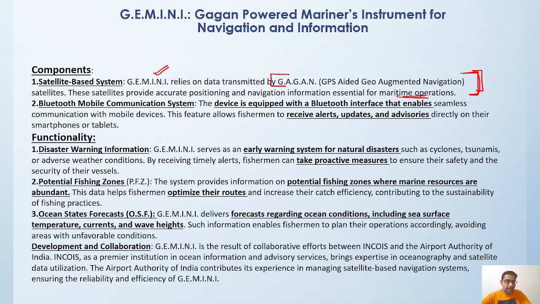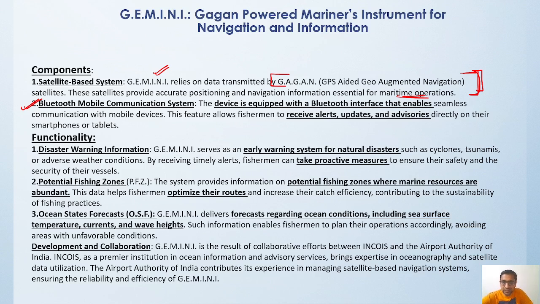Okay, then it will be connected with a Bluetooth mobile connection. Any device which is equipped with Bluetooth will be providing and transferring information, alerts, updates and advisories to phones, smartphones, tablets or any compatible devices.